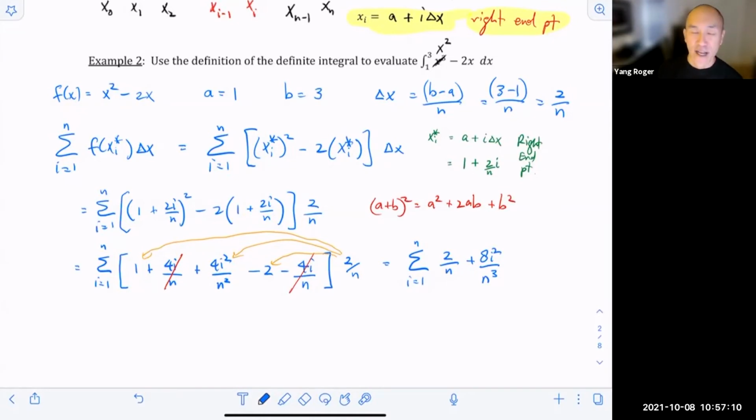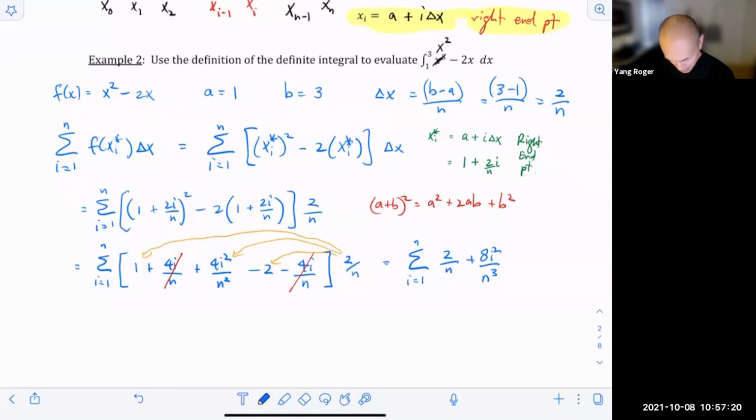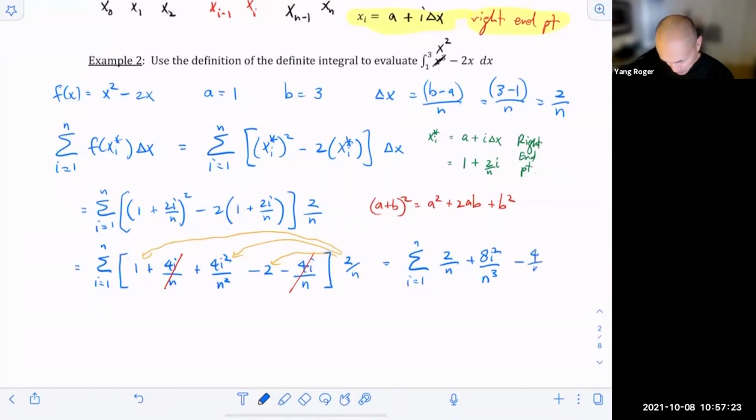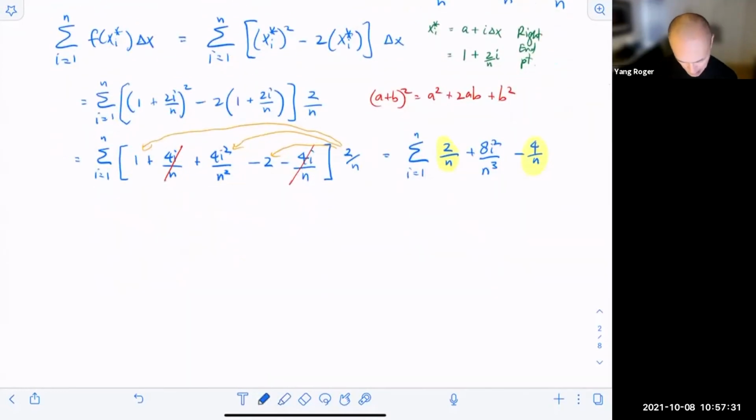I just realized that I could have simplified the 1 and the minus 2 to give me a negative 1. It's okay. I'll worry about it on the next line. When I distribute this guy, this becomes minus 4/n. So I noticed at this point that these two guys can be simplified. So this guy is going to become the sum as i goes from 1 to n of 8i^2/n^3, and then this is minus 2/n.